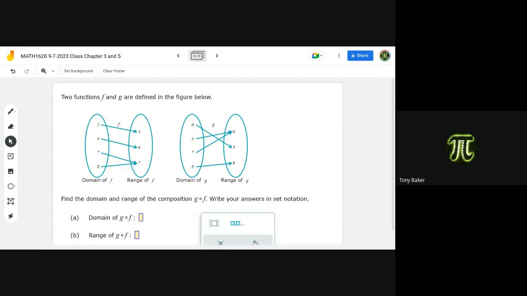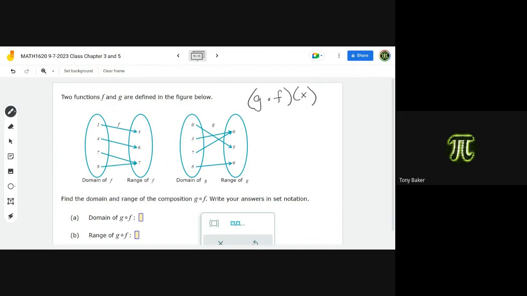All right, so they're looking for G composed of F of X. Okay, so they want to know what the domain and the range is.